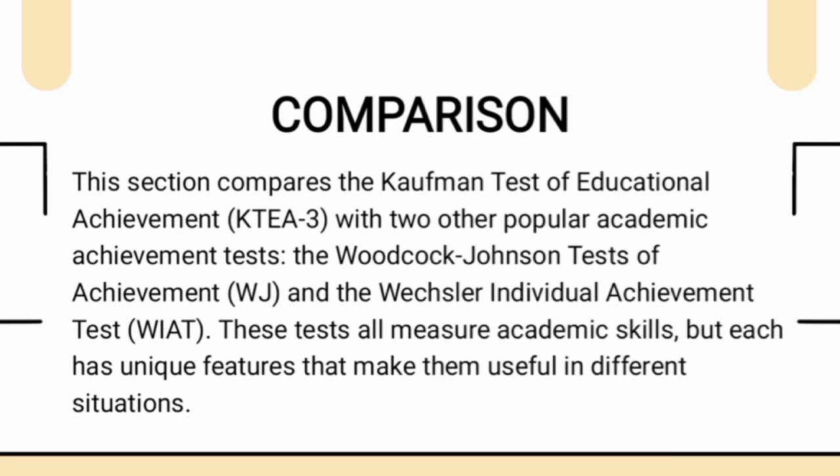KTEA is designed for students and young adults, while Woodcock-Johnson covers a wide age range. Forms include comprehensive, brief, standard, and extended versions. KTEA takes 30 to 90 minutes, while the Wechsler Individual Achievement Test takes 45 to 90 minutes.